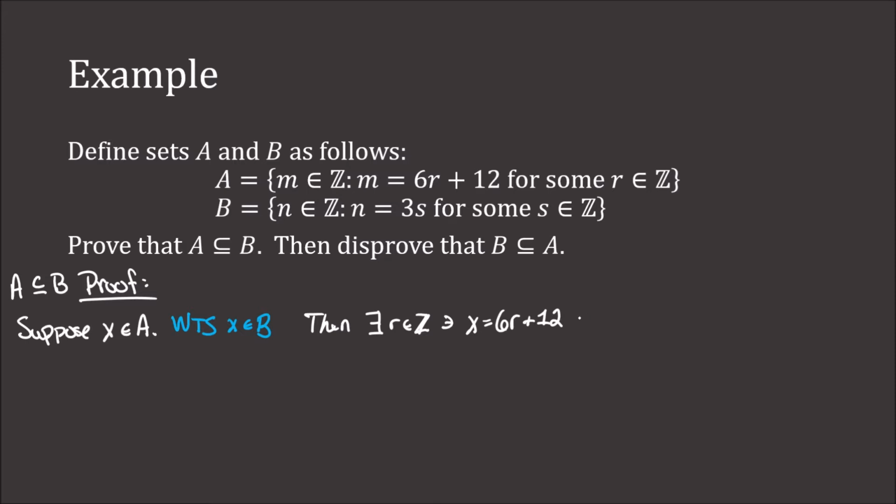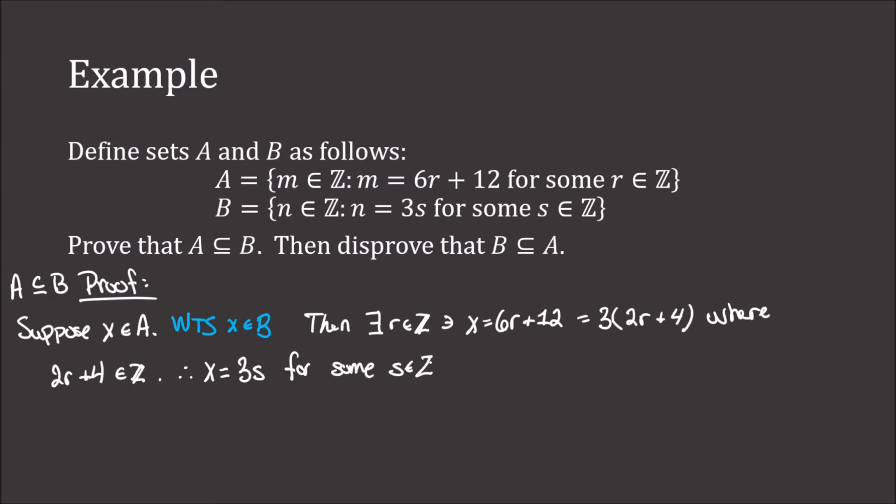But we can factor out a 3, and we'll be left with 3 times (2r plus 4), where this 2r plus 4, right, is a sum and product of integers, so it is itself an integer. Therefore, we just wrote x in the form of 3 times s for some integer s.